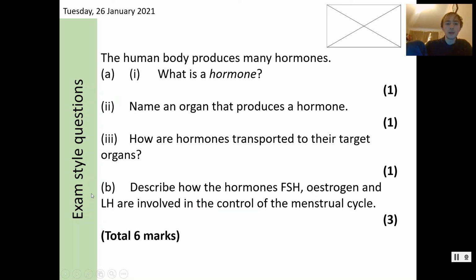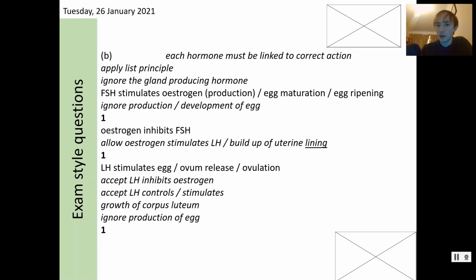And then lastly, describe how the hormones FSH, estrogen and LH are involved in the control of the menstrual cycle. It's basically asking what does each one do. So, FSH stimulates egg maturation and egg ripening. Forget estrogen production for now. I'm not going to cover that. That's more A-level biology. You could write it if you knew about it, but I wouldn't bother. So FSH stimulates egg maturation or egg ripening.